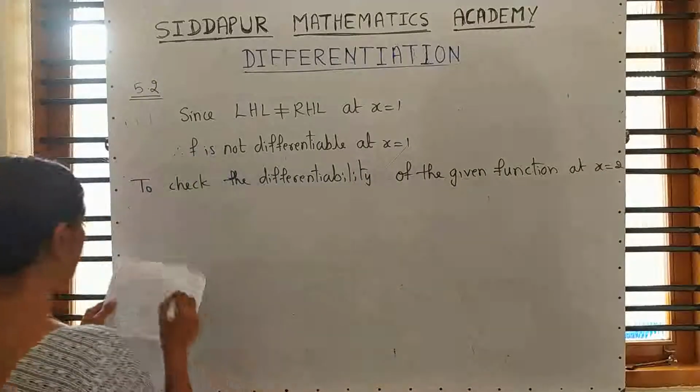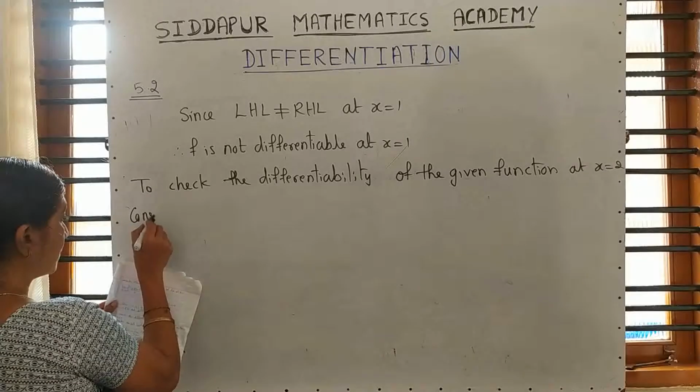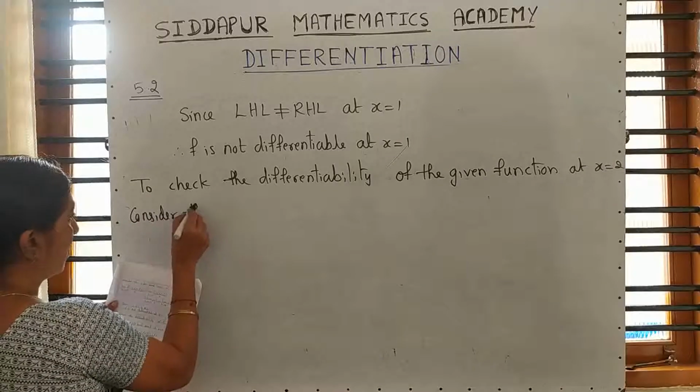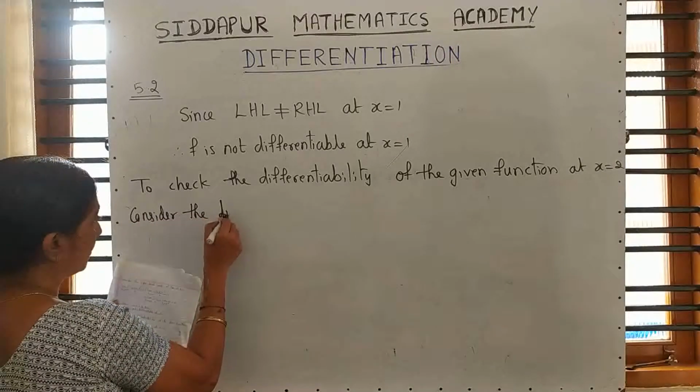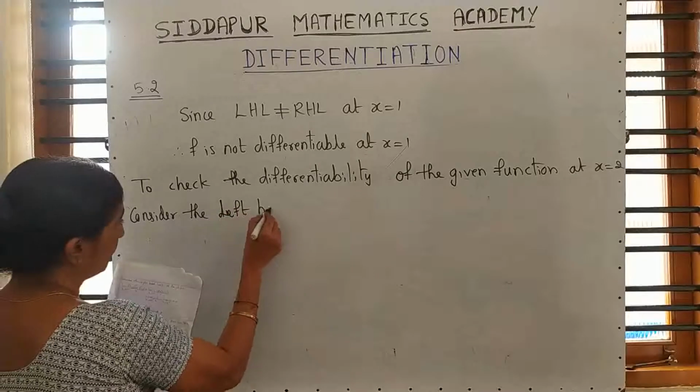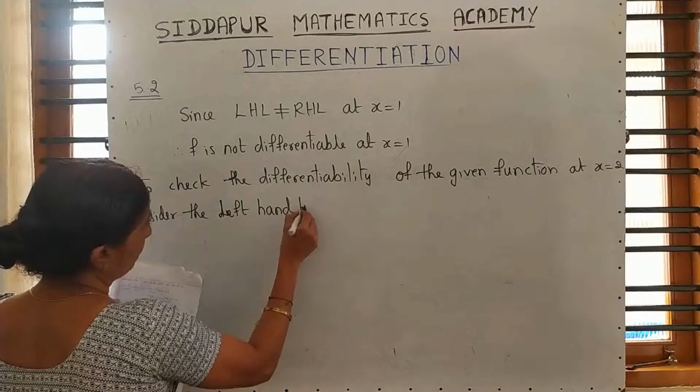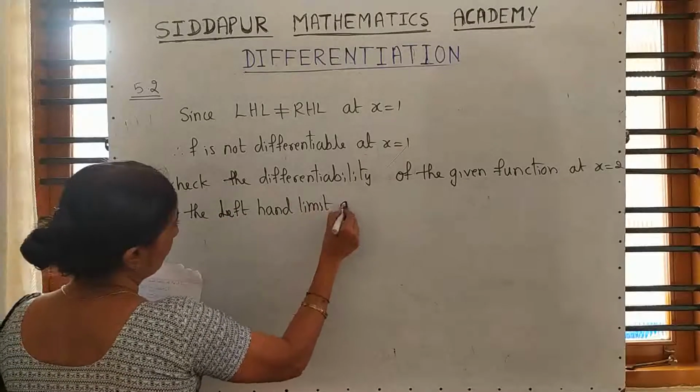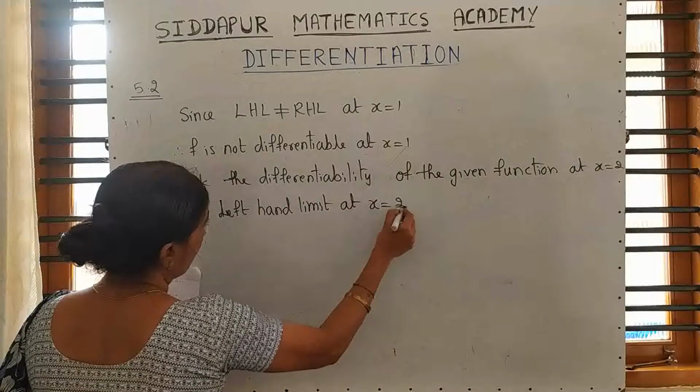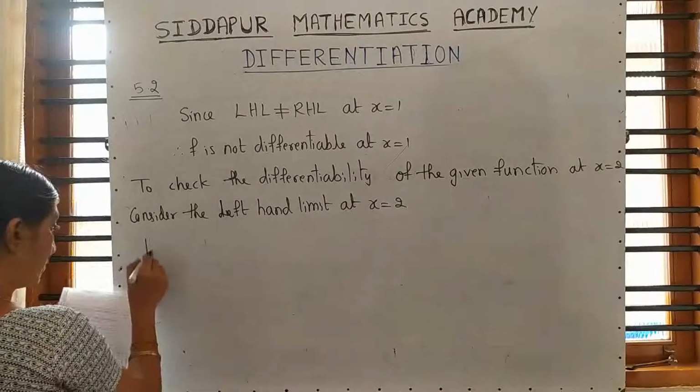So how do you write then? Consider the left hand limit at x is equal to 2.